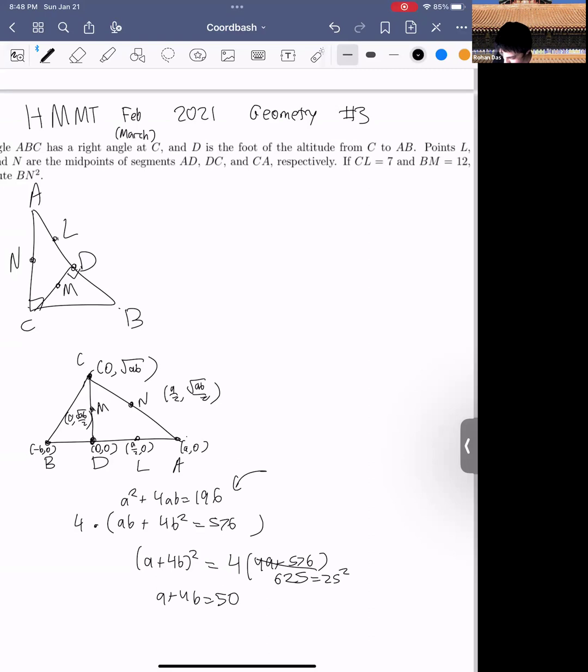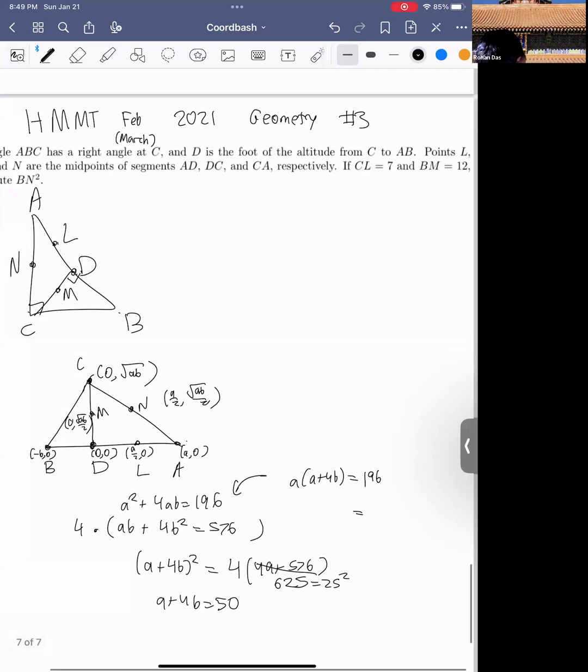In fact, the first equation is just that a times a plus 4b equals 196. And the second is that, wait, this seems slightly off, but I guess, actually no, this is right. And then the second is that b times a plus 4b is 576.